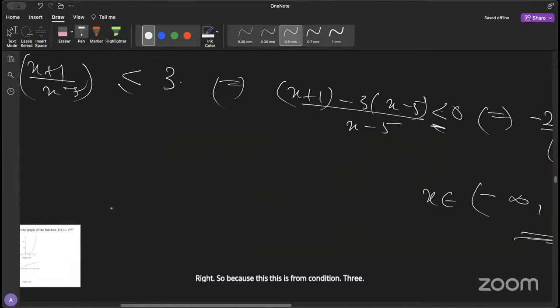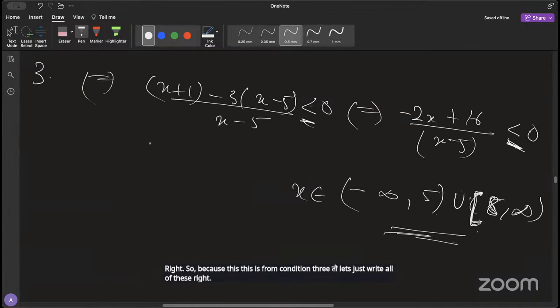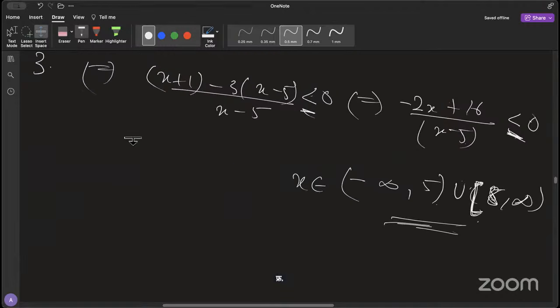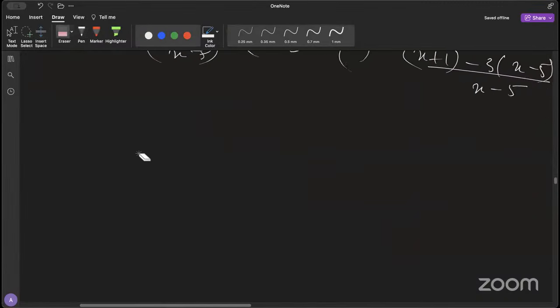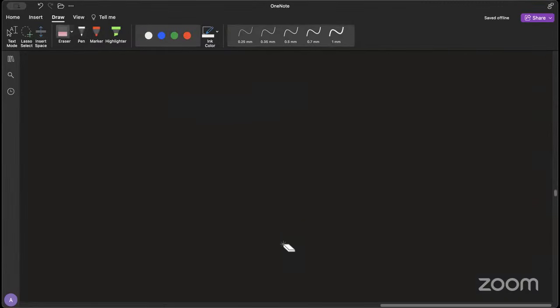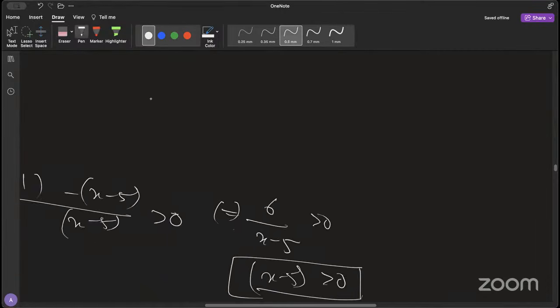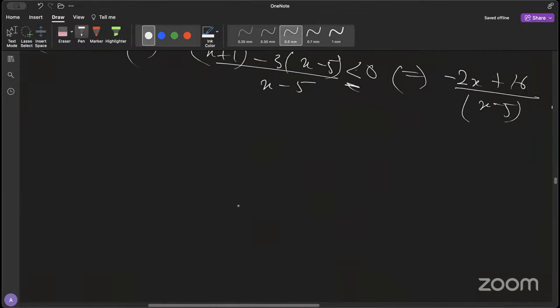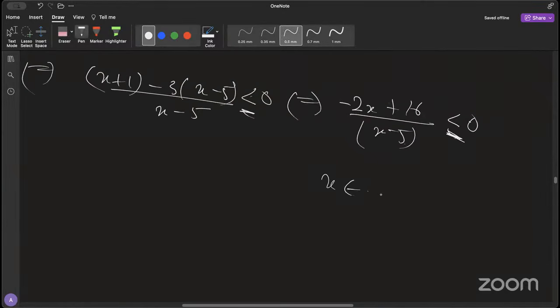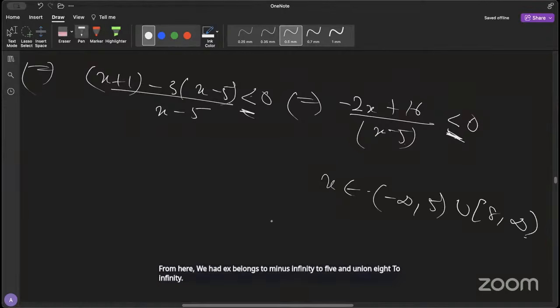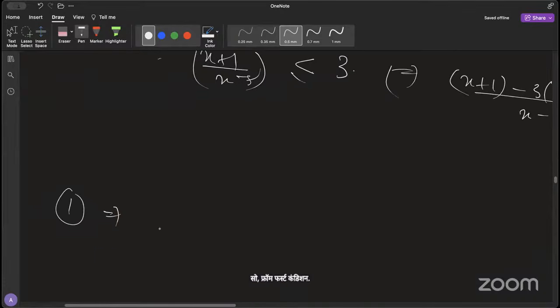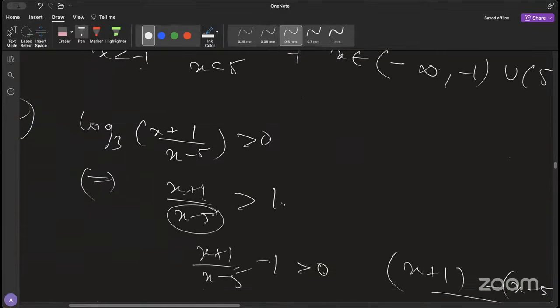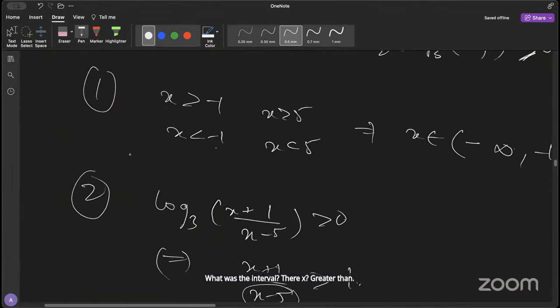So let's just write all of these. From condition 1 we had, just one second. From here we had x belongs to minus infinity to 5 union 8 to infinity. From the first condition, what was the interval there?